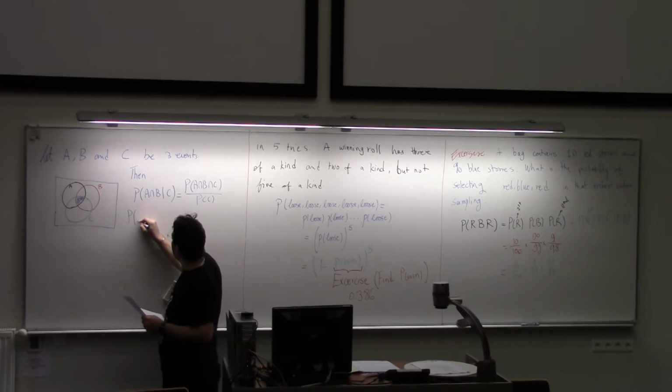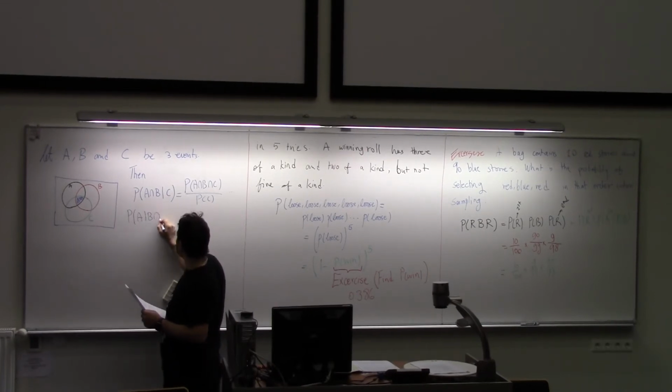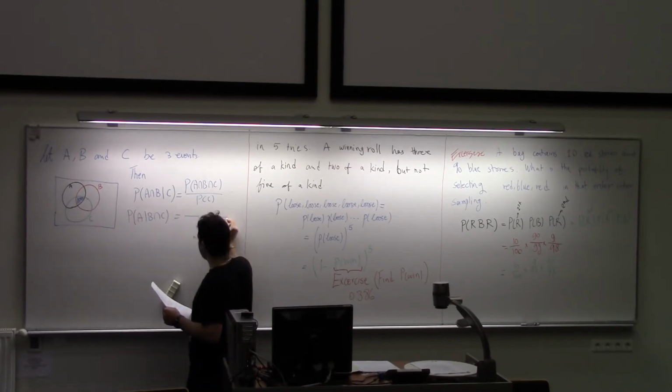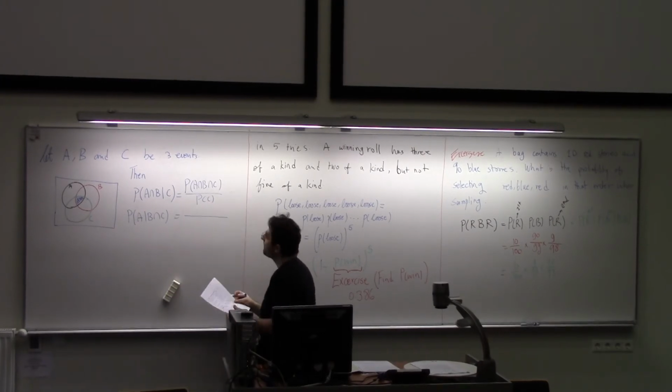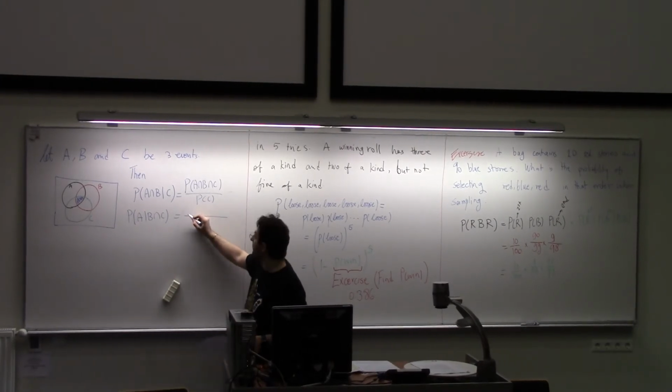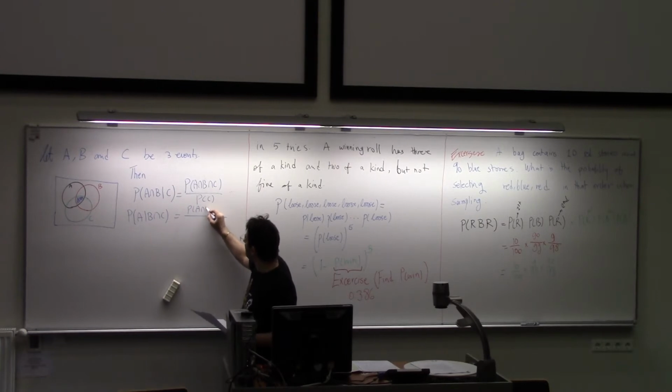Probability of A given that B intersected by C is happening is probability of A intersected by B intersected by C divided by probability of B intersected by C.